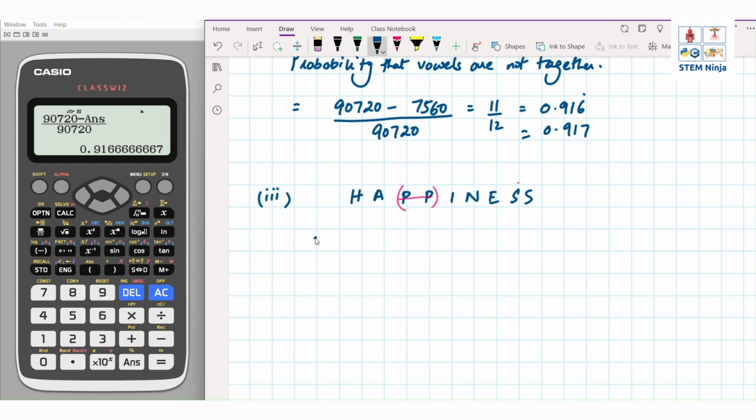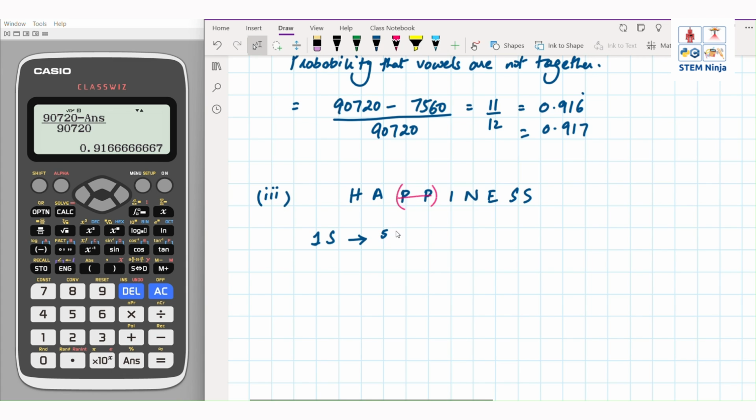Okay, so when we have one S, the combination will look like 5C3. Simple 5C3, because we are already selecting one out of two S's, and those are identical.